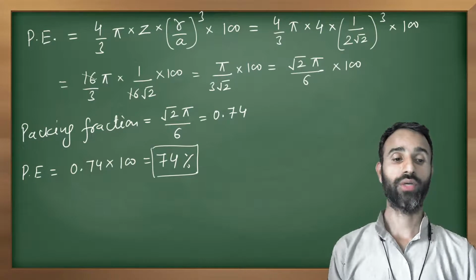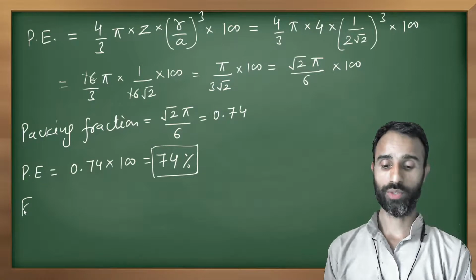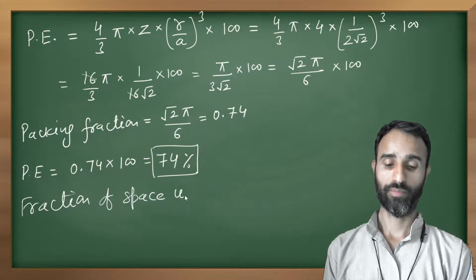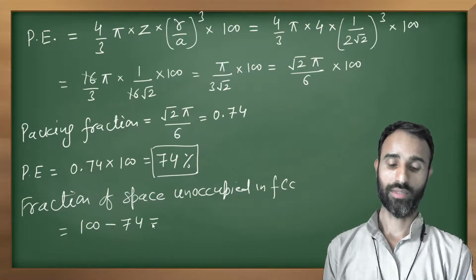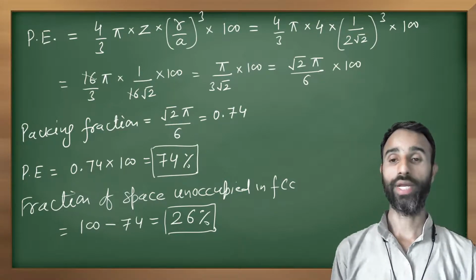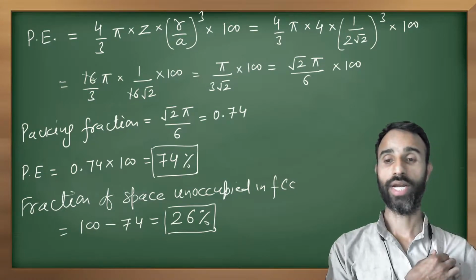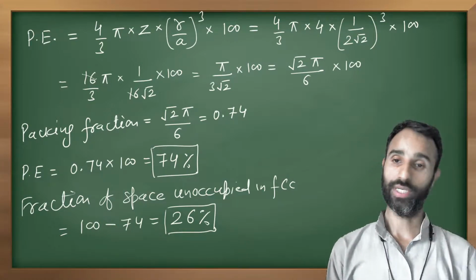So fraction of space unoccupied in FCC, that is equal to 100 minus 74, means 26%. Yes, beta, right? So fraction of the space unoccupied is 26%.